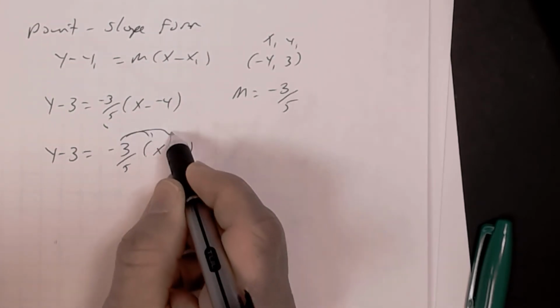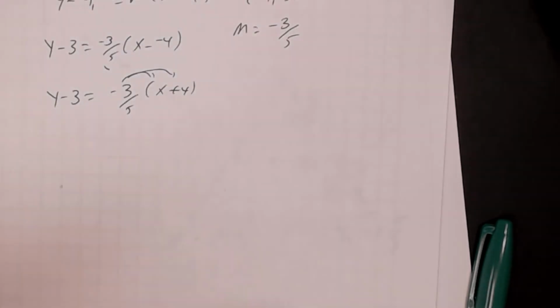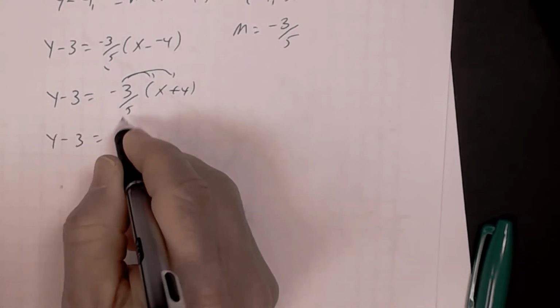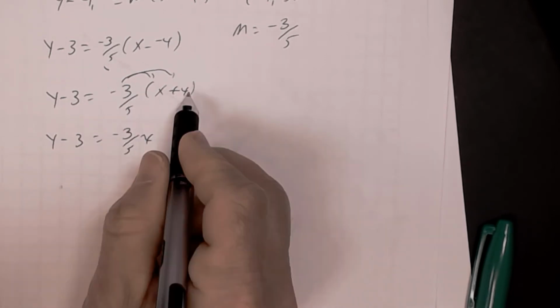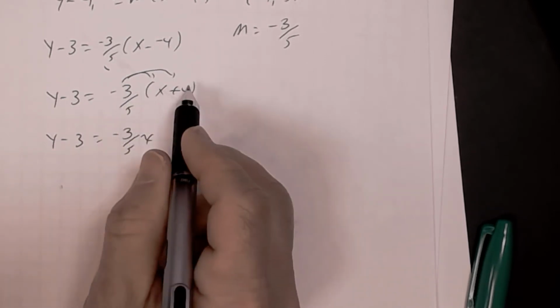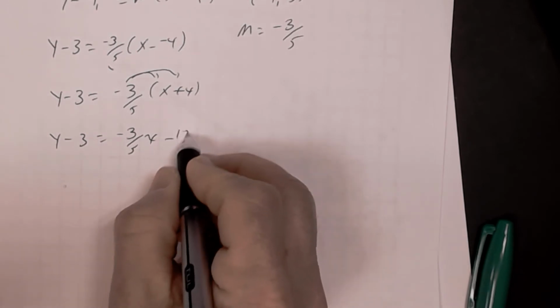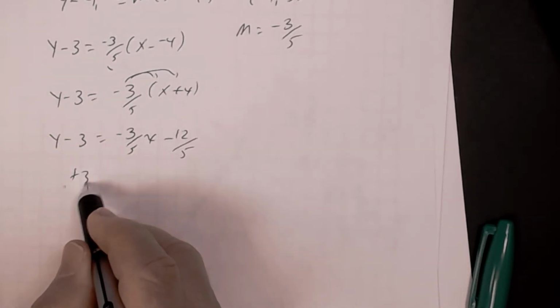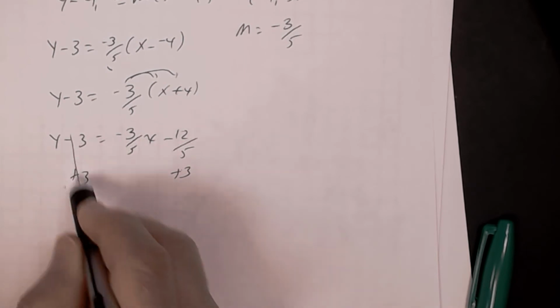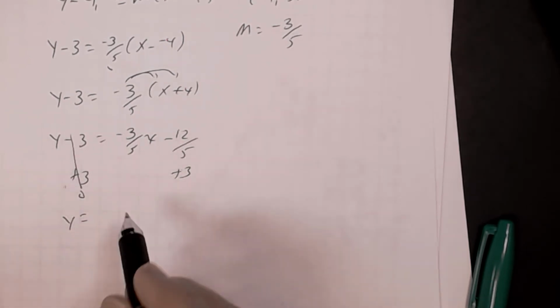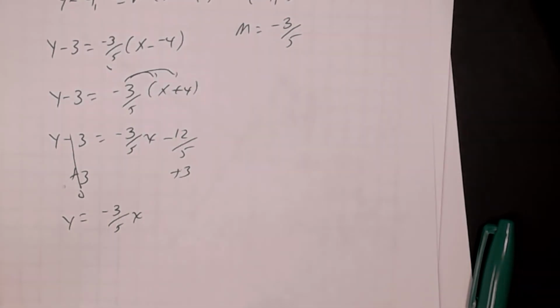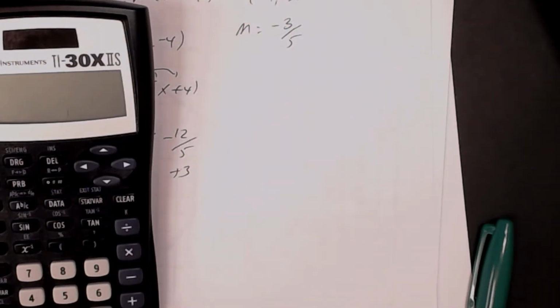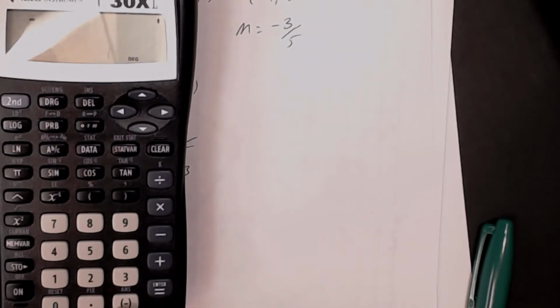And now we're going to distribute. So I get y minus 3 equals negative 3/5 x, and negative 3/5 times 4 is negative 12/5. Adding 3 to both sides and combining like terms, I get y equals negative 3/5 x, and then just use your calculator. I get negative 12 divided by 5, and make sure you press the negative symbol.